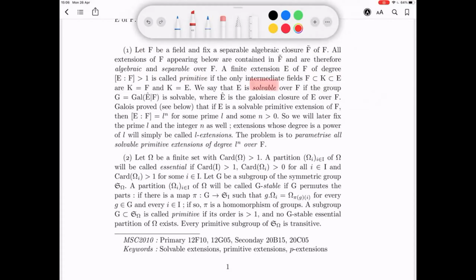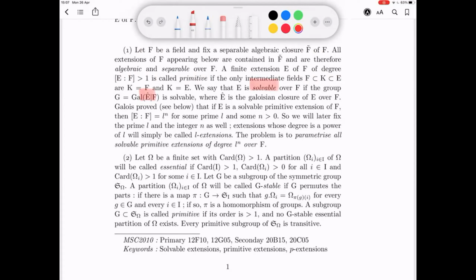Again, E is a finite separable extension of F. Then we can talk about E hat, the Galois closure of E over F. Given any separable extension, it has a Galois closure, which means it's the smallest Galois extension of F containing E. That is the definition of the Galois closure of E.